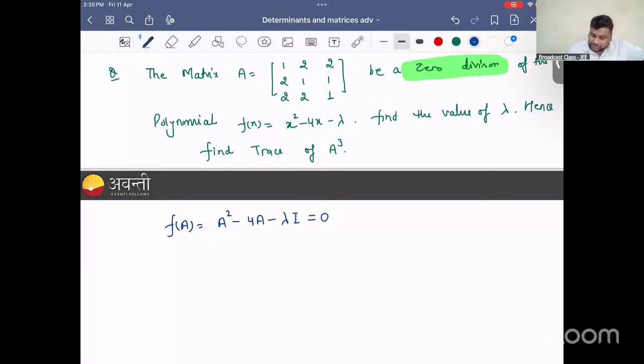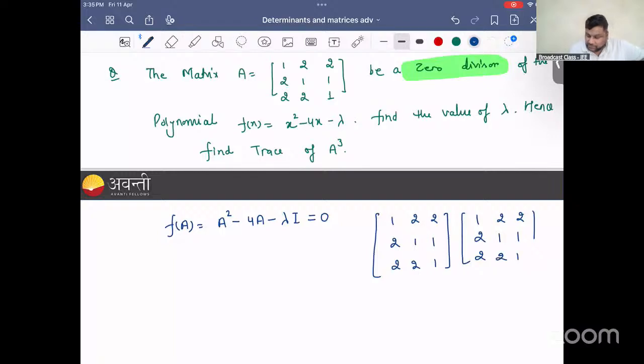All right. So what is A square? A square is [1, 2, 2; 2, 1, 1; 2, 2, 1] multiplied by [1, 2, 2; 2, 1, 1; 2, 2, 1]. So this into this, it will be 9. Then 2 plus 2, 4 and 4, 8. Then this into this, 2, 2, 2, 6.